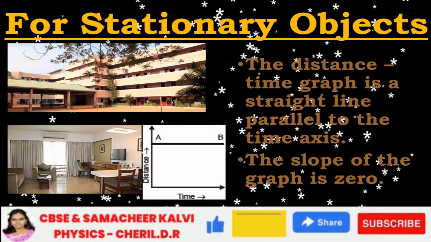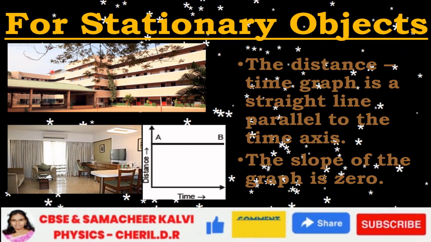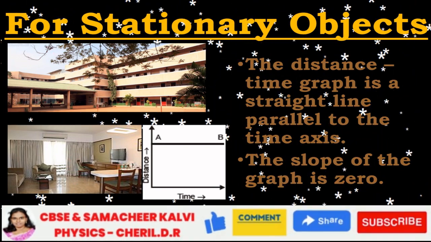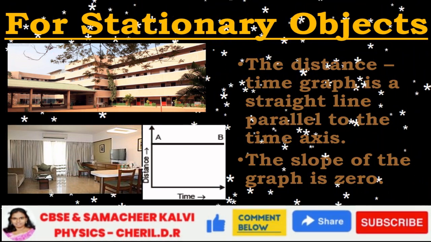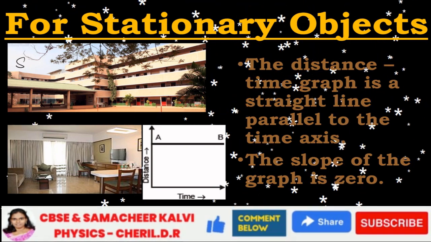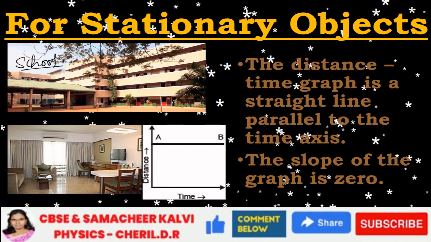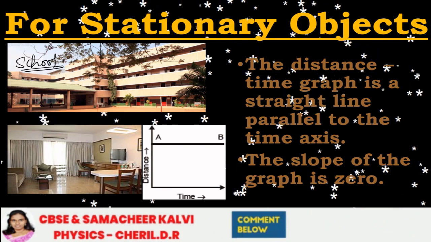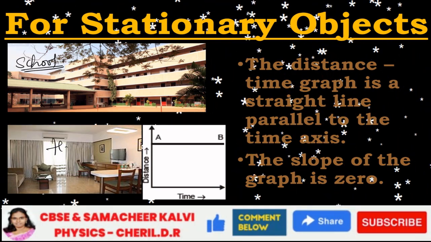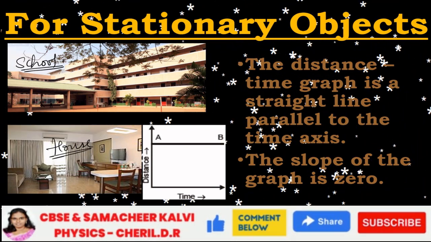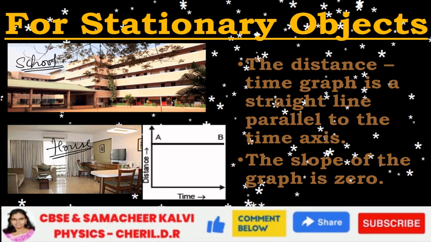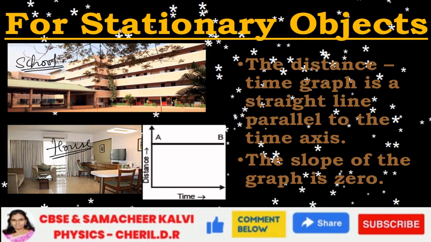The first case is for a stationary object. Here you are going to see two places. This one depicts a school, the building of a school, and this is the building of a house. Is your house and your school going to keep moving?